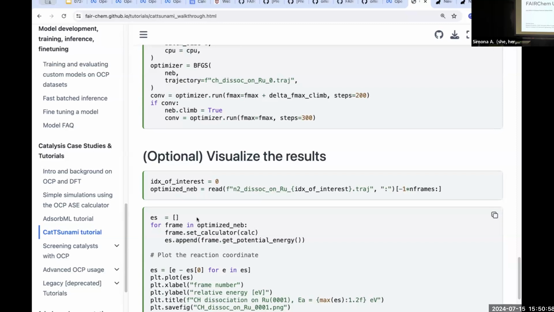But again, the people who are running these things, like we're getting close to the point where we can actually use them. Anyone have a question on this? If most of you are not actually running NEBs, I'm not going to force you to go through the details there. But again, trust me, these things are annoying and slow, and they're now much faster.